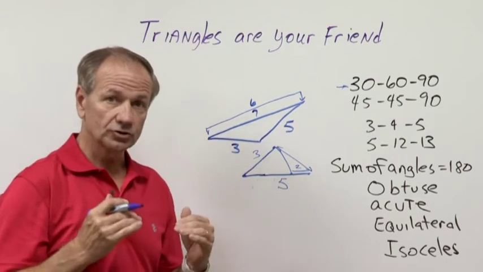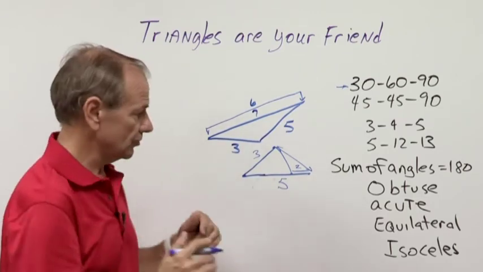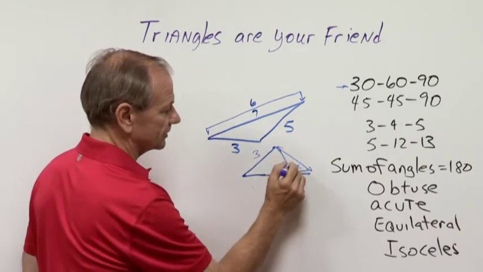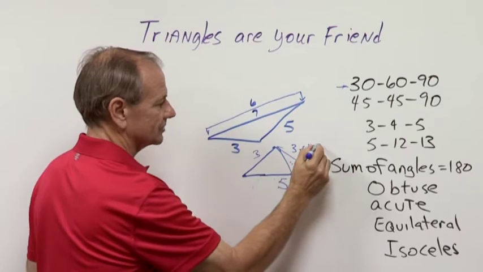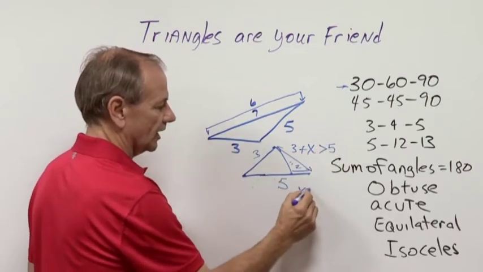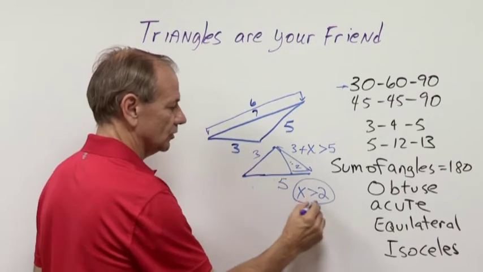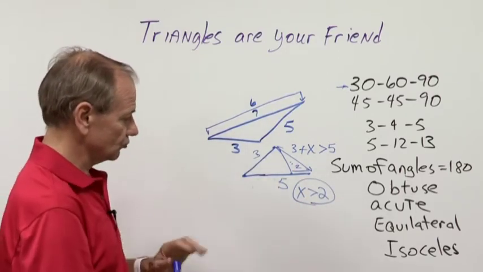Remember, the sum of two sides has to be greater than the third. So whatever this side is, 3 plus x has to be greater than 5. That tells me x would have to be greater than 2 in this situation. So I want you to start with the triangle construction.